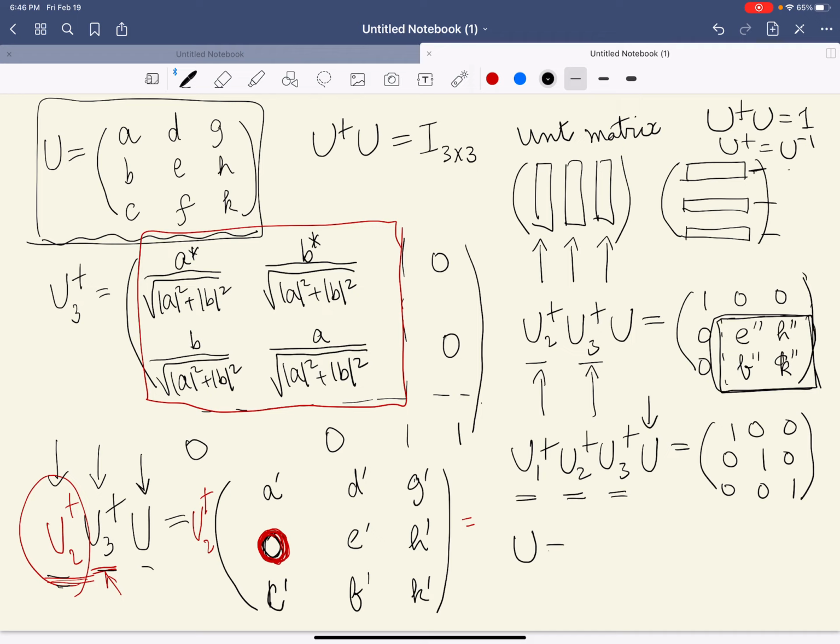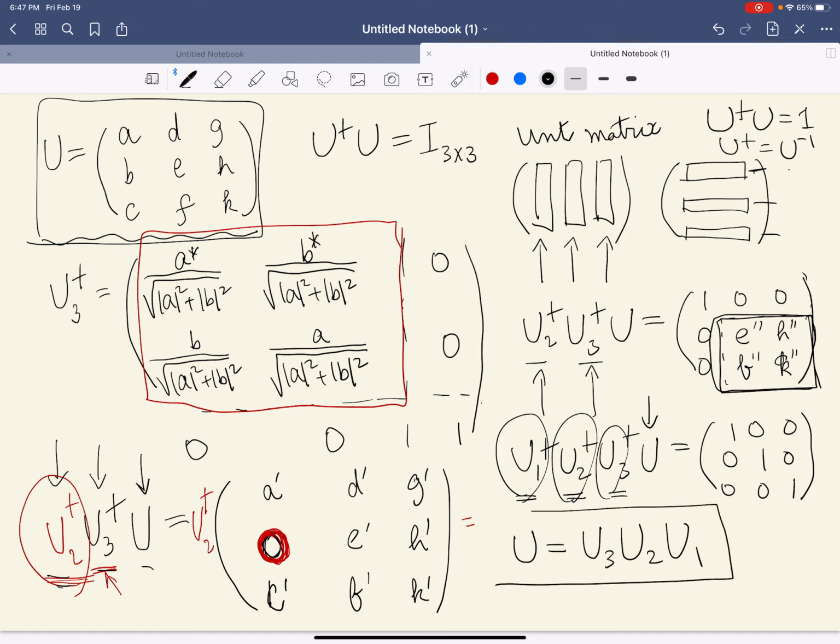So now I'm going to multiply the inverses of these to the left to show that U becomes the product of these three unitary matrices. So I started out with some arbitrary 3 by 3 unitary matrix, and what I was able to show is that it breaks down as the product of three different 2 by 2 unitary matrices.